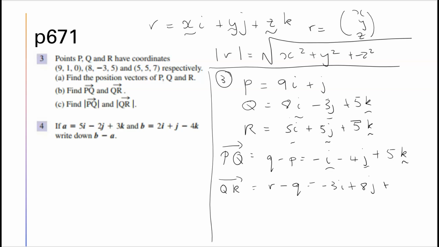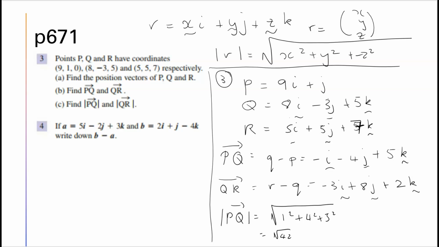That should be a 7. And then 7 minus 5 is 2k. You need to find the length of PQ. So that's just going to be the square root of 1 squared plus 4 squared plus 5 squared, root 42.